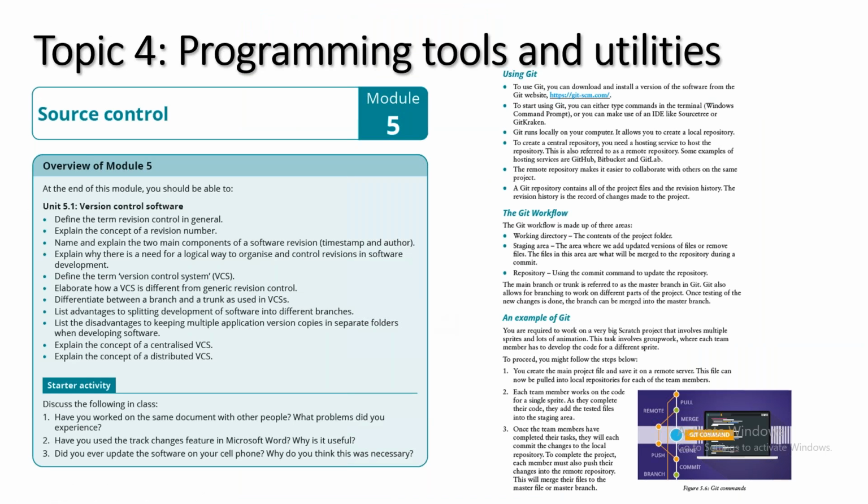Topic 4 is programming tools and utilities. This is all about source control and version control software. So here we can see the learning outcomes. This is a very short section.